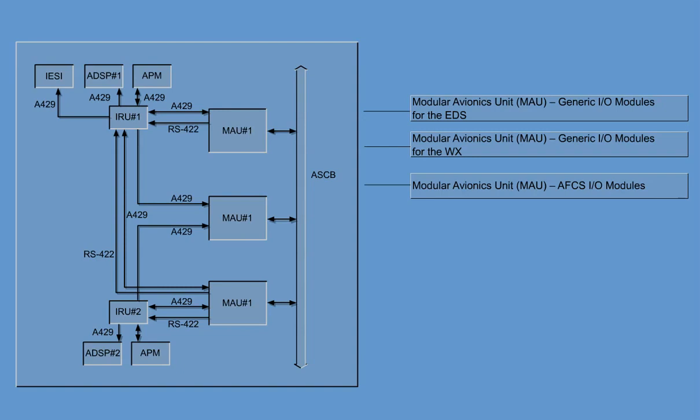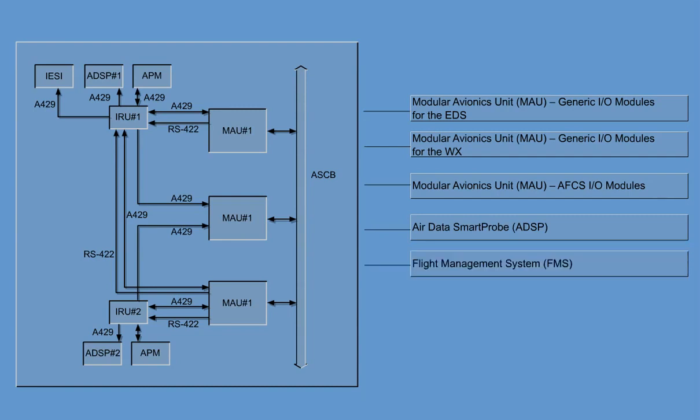The AFCS receives accelerations, attitudes, and attitude rates data from IRS. Air Data Smart Probe. The ADSP receives inertial data to perform static pressure compensation. Flight Management System. The FMS receives the positional information in order to display the alignment status of the IRS on the MCDU IRU status page. Integrated Standby System.